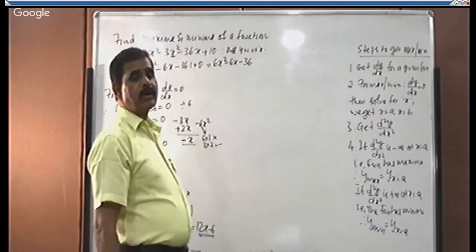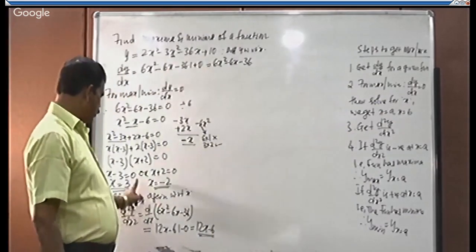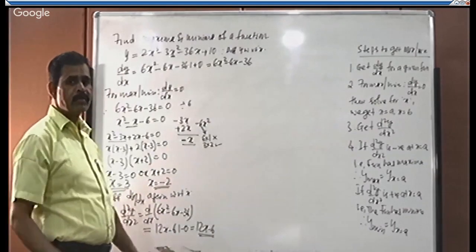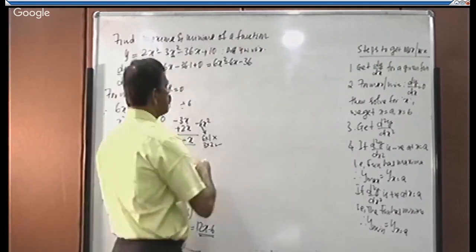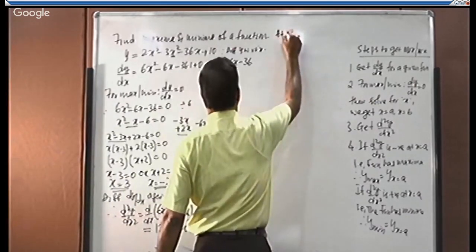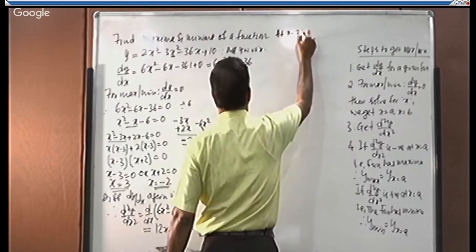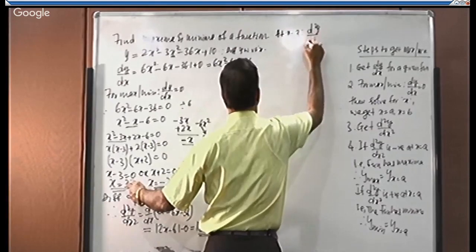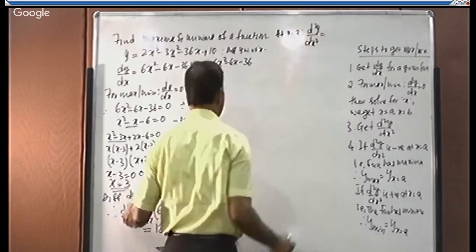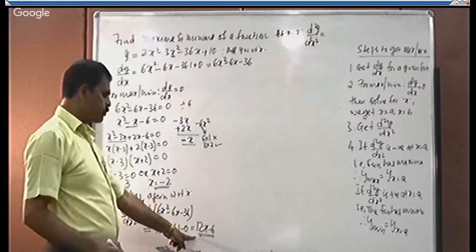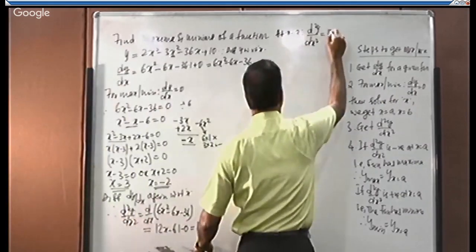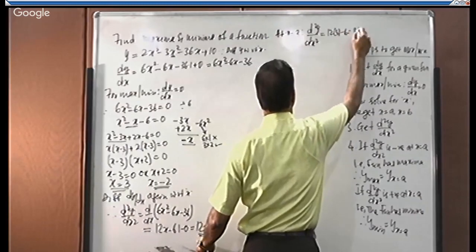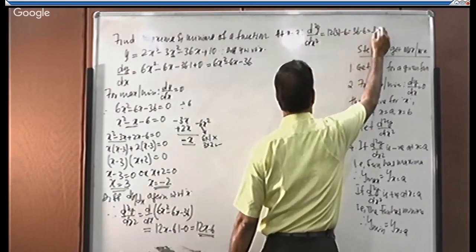The fourth step is what? The values of x, that is 3 and minus 2, are substituted in d square y by dx square separately. At x is equal to 3, the first value, d square y by dx square is 12x minus 6, that is 12 into 3 minus 6. 12 into 3, 36, minus 6, which is equal to 30.